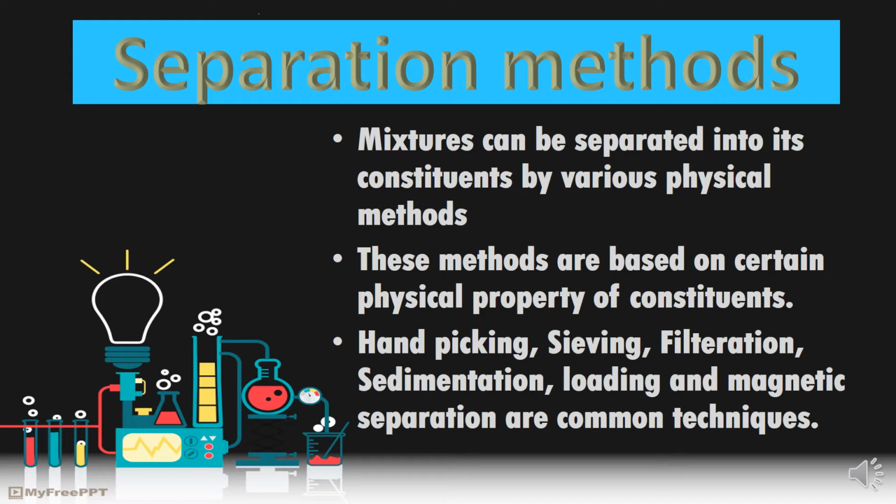Loading can be done to settle down suspended particles, and magnetic separation can be done if some magnetic impurities are present in a particular compound. So these common methods can be used, and other methods which we can use to separate mixtures we'll discuss now one by one.